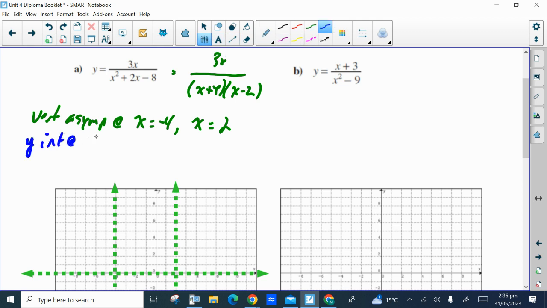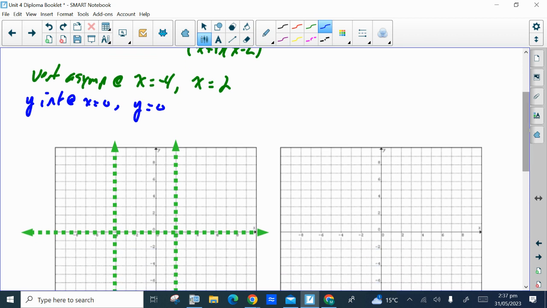So our y-intercept is where x equals 0, which will give us 0 on top, and 0 divided by anything is 0. This is also where the x-intercept is. The x-intercept is where y is 0, and as I just stated, a rational function equals 0 when the top equals 0. So these are our intercepts. Our x and y intercept is the point 0, 0.